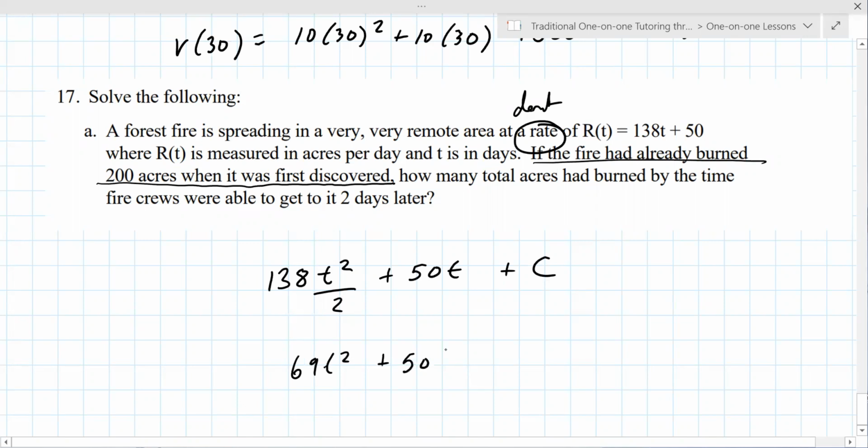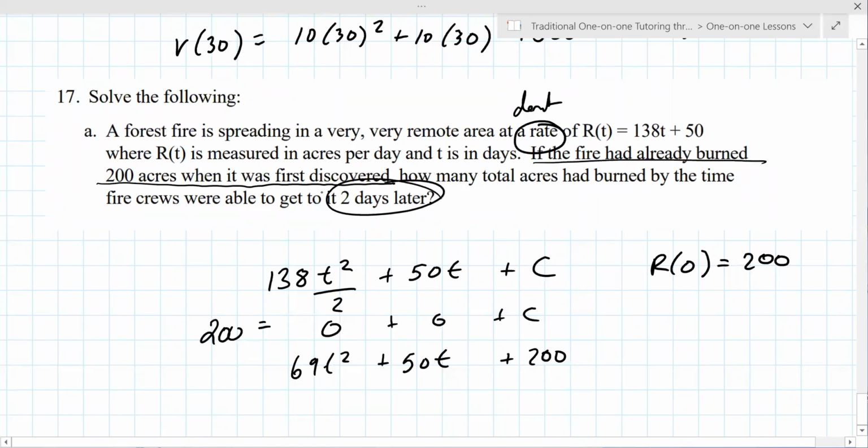If you want to check up on it, you can do r of 0 equals 138 times 0 plus 0 plus c equals 200. So you have 200 equals 0 plus 0 plus c. All right. Okay, so then they want to know, how many burned 2 days later? So they're telling you that t equals 2.